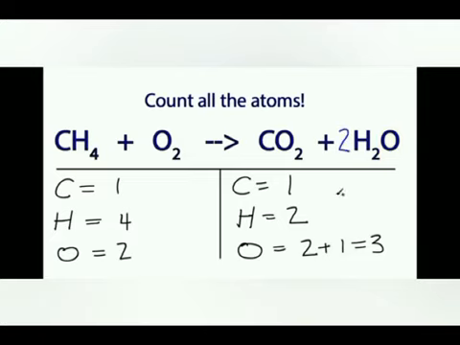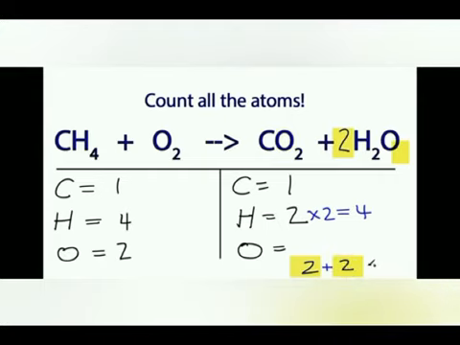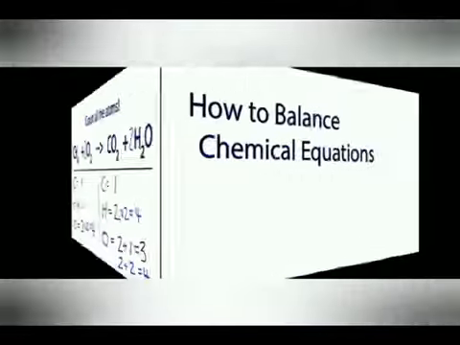So what we shall do, we will multiply with the hydrogen. 2 2s are 4. Now you see LHS, RHS, hydrogen same. But at the same time oxygen is 2 plus 2 is equal to 4. Now to make 2 as 4 is easier. So on the LHS in the coefficient place, multiply with 2. So 2 2s are 4. Now all the elements on the reactant side and product side are equal.